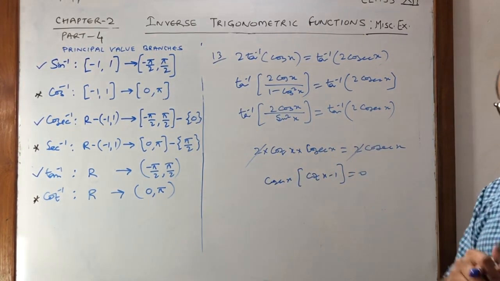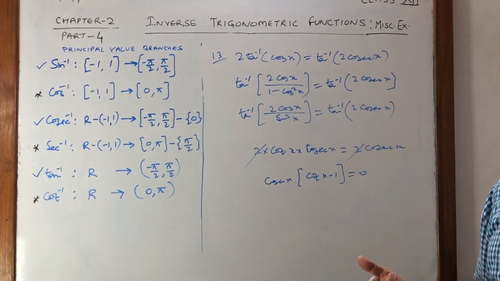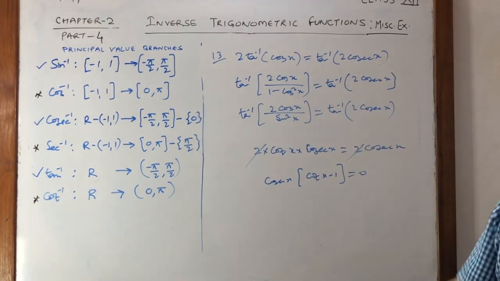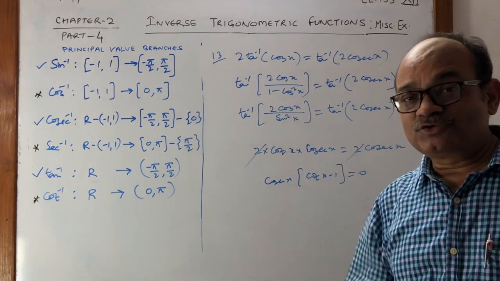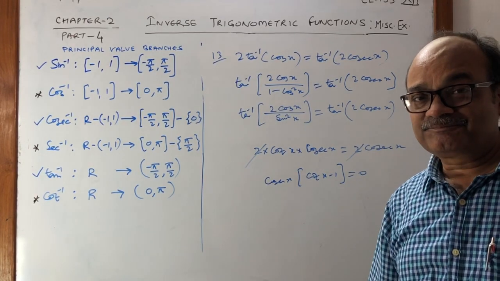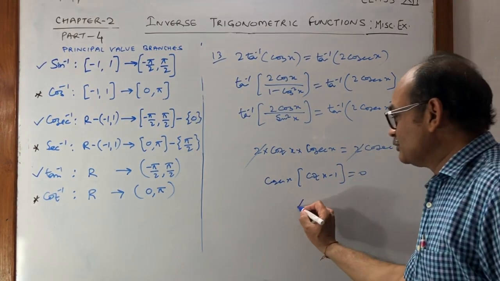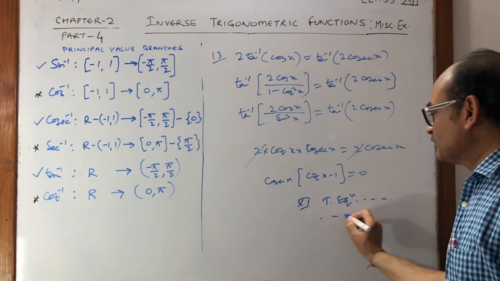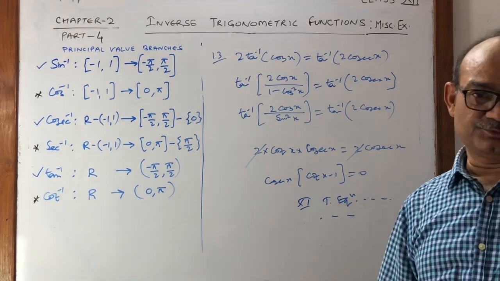Cosec x is 0, convert into sin x because you know the formula of sin x equal to sin alpha. Cot x equal to 1 means tan x equal to 1. You know the formula of tan x equals tan alpha. And in the last step, using class 11th trigonometric equations, you can write the generalized answer of these two.